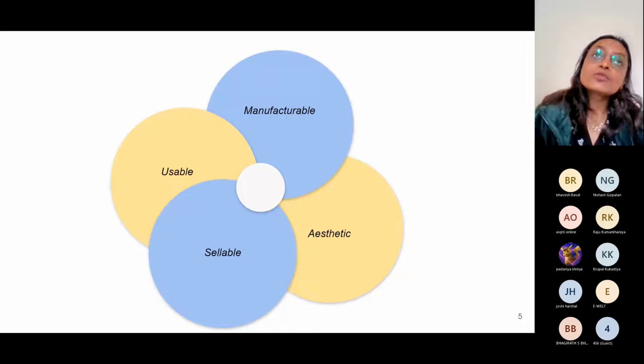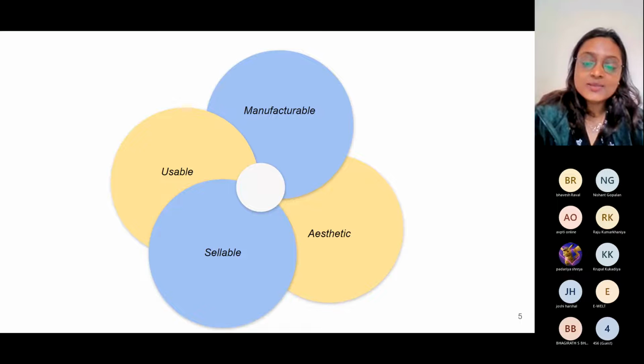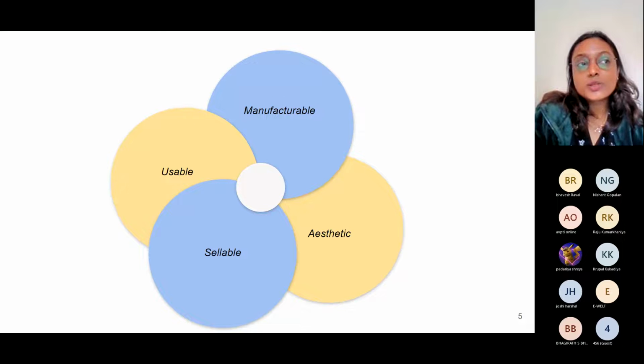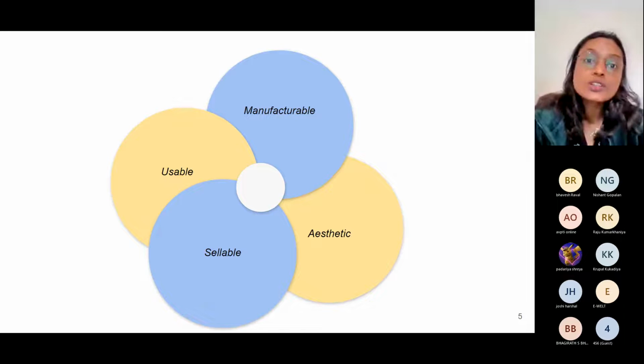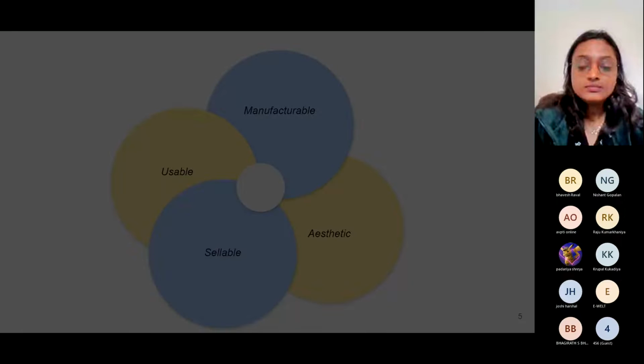So we are working with manufacturing teams, usability testing teams, marketing teams, and at the same time making sure that I'm able to bring the artistic side to my designs. That is why I think all design is multidisciplinary, because you have to consult with 3 other teams to make anything a reality.